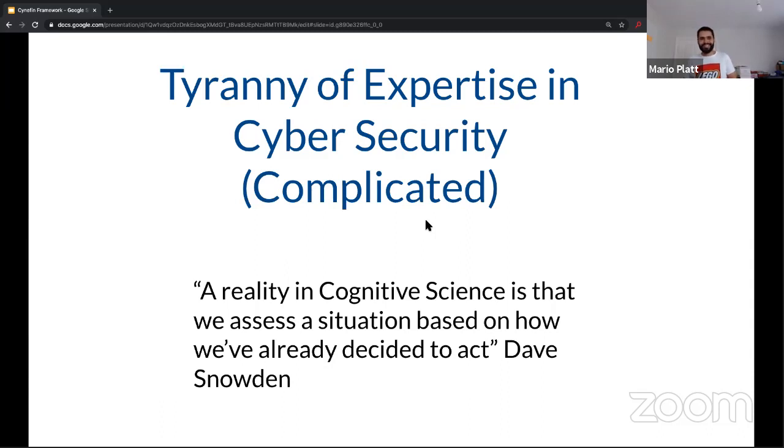I particularly like that quote from Dave Snowden, which is, it's not about cybersecurity, but a reality in cognitive science is that we assess a situation based on how we've already decided to act. And this affects everyone on the planet. This is a human thing, not a cybersecurity one. But we as security professionals, we should be wary of the default ways that we tend to deal with problems, right?